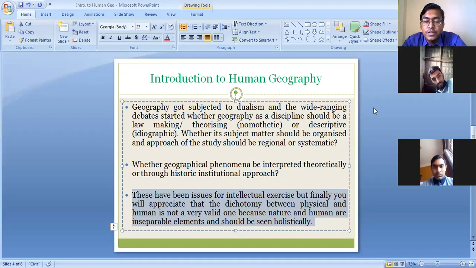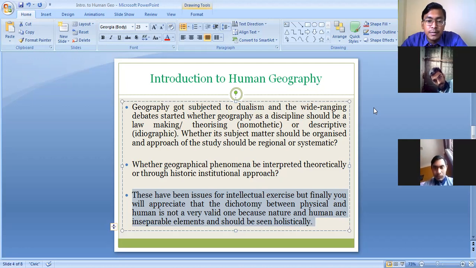So the geographers who got divided into two groups continued their studies about geographical phenomena in their own way. Basically, the differences among these geographers are a matter of intellectual differences.